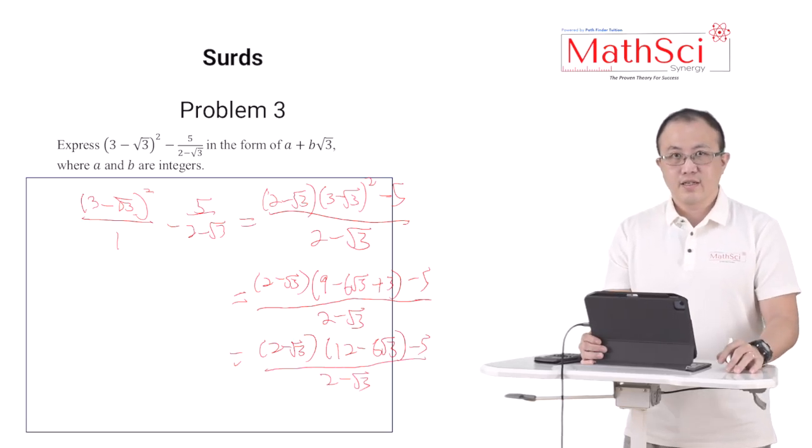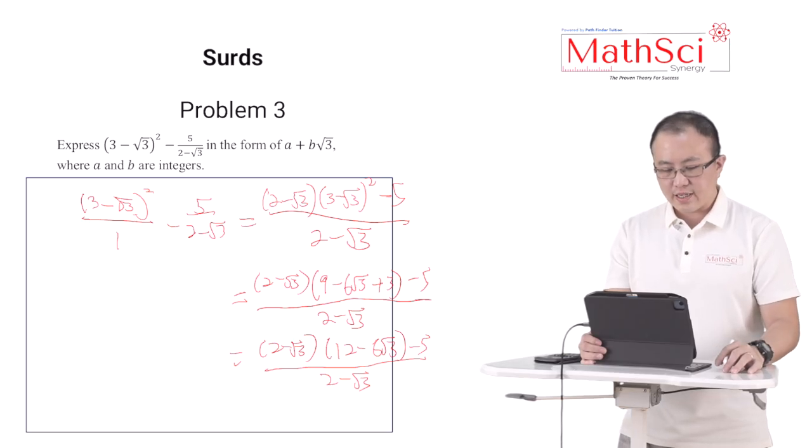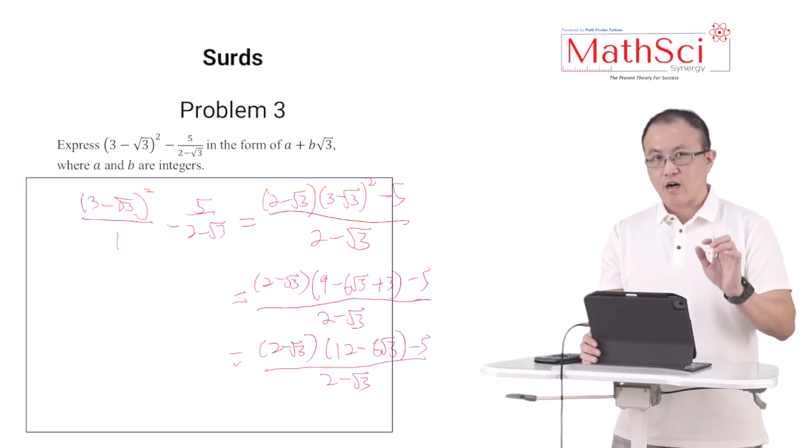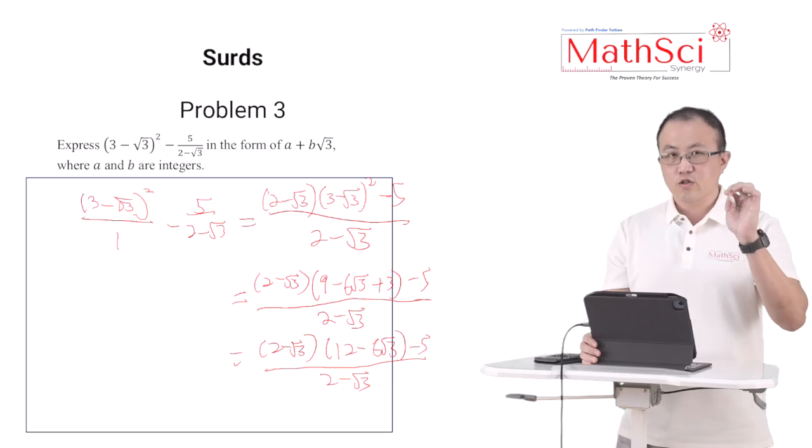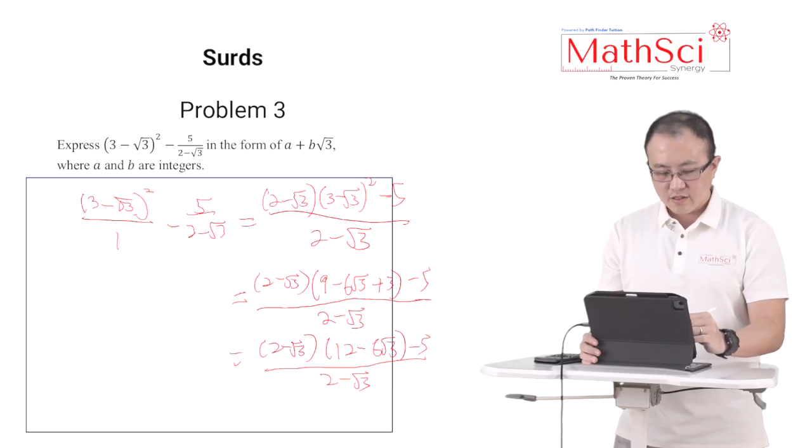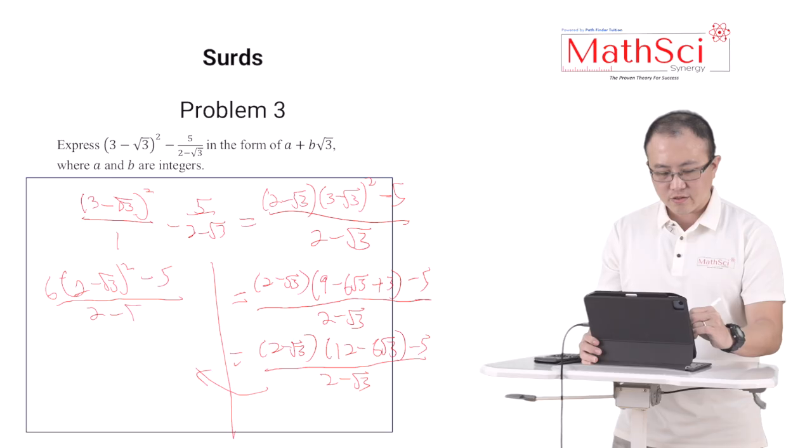Okay, something like that. Then after which, right, you can see that most people will just do a removal method immediately. But for here, I can see that 12 minus 6 square root 3, there's a common factor of 6. So why not we try to do that first? So with that, okay, let me draw a line here. Let's continue here. Then you will see that it's actually 6 bracket 2 minus root 3 square minus 5 over 2 minus root 3.